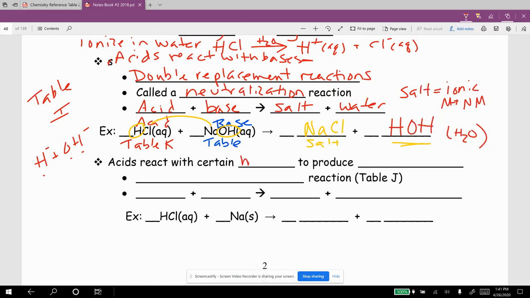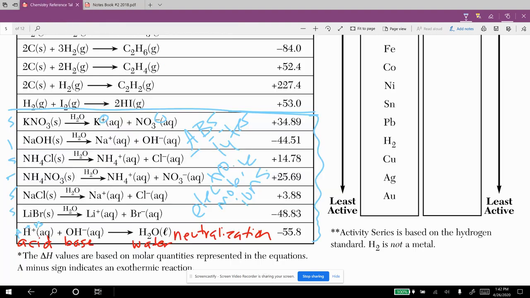Acids react with certain metals to produce hydrogen gas. And this is a single replacement reaction. And we're going to use table J. We used table J a while ago.